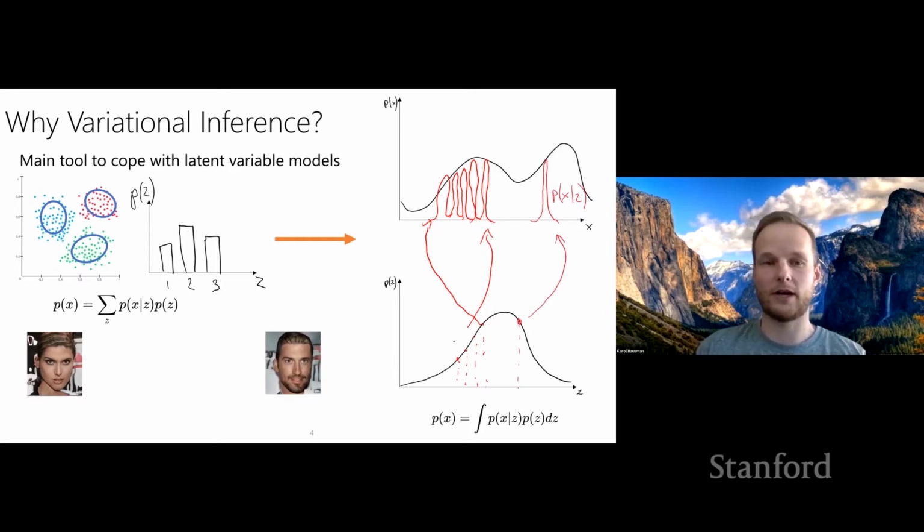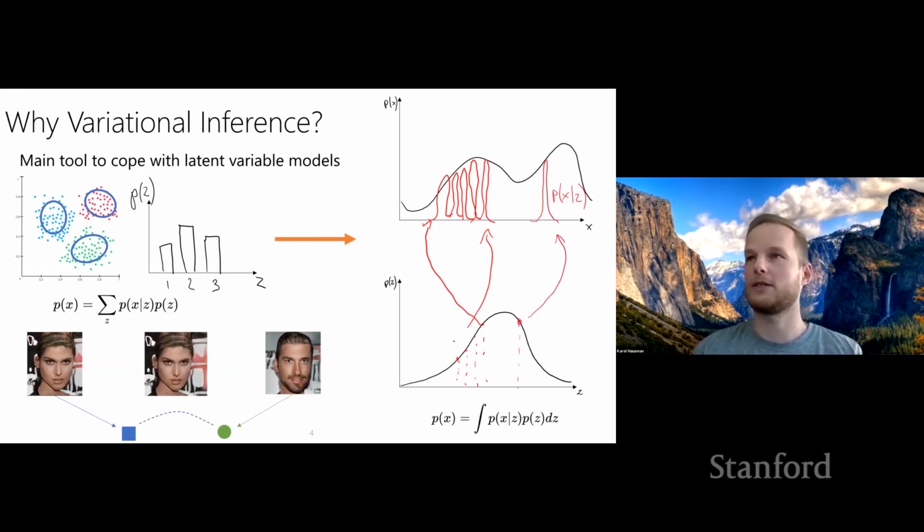So what the variational autoencoder, which is a latent variable model, would allow us to do is to map our images into some latent space. So 2 points in some latent space, that could be 2 points on that Gaussian. And then we can interpolate through that latent space, and that interpolation would result in a smooth interpolation in the image space as well. Right? So we discovered some kind of latent structure in the data, and we can then generate the data using that latent structure.